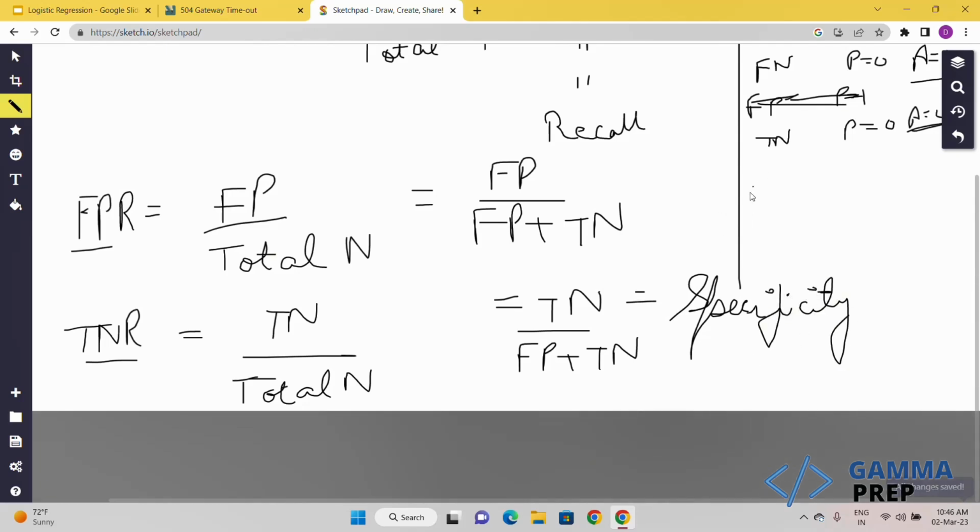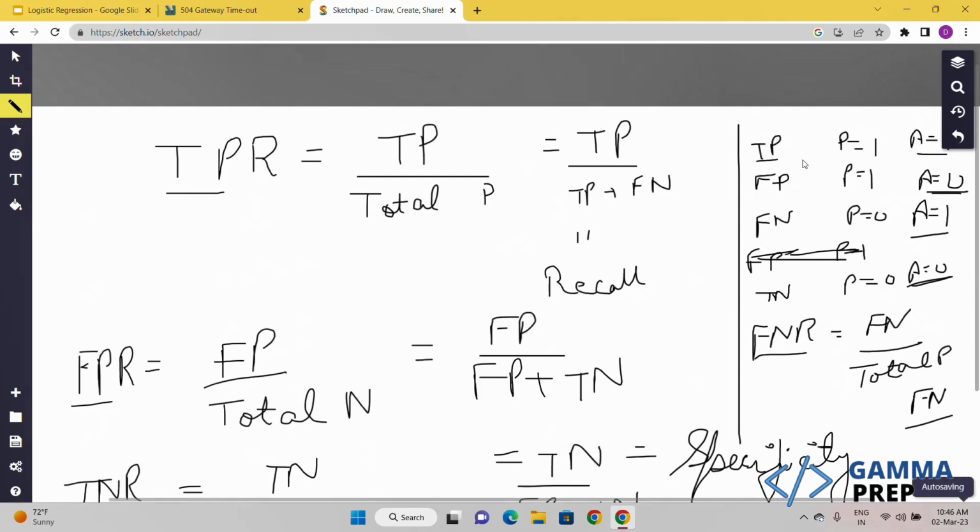Now, moving on to the last one, FNR. FNR is false negatives divided by the total positives. False negatives are predicted as negatives, but they are actually positives. Total positives would include TP and FN, actual ones.